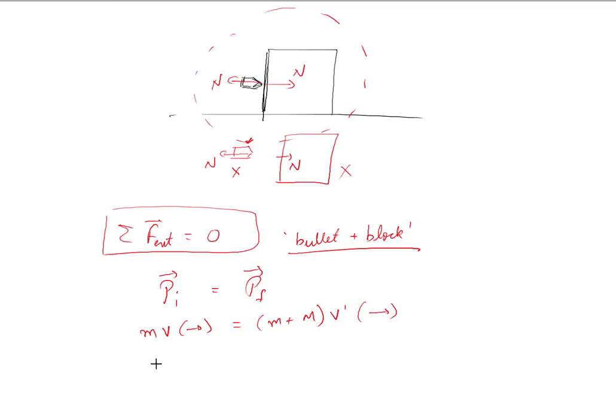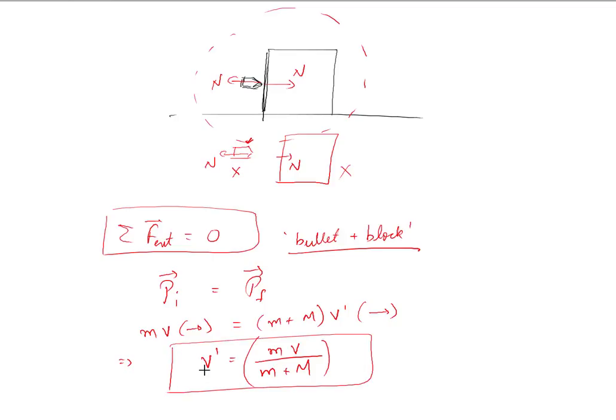And from this equation we can say that the final velocity of the system will be equal to small m into v upon small m plus capital M. So this is the expression of their common velocity.